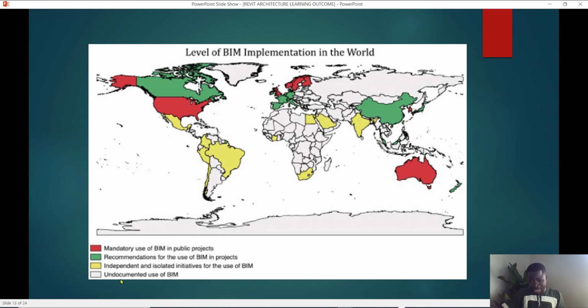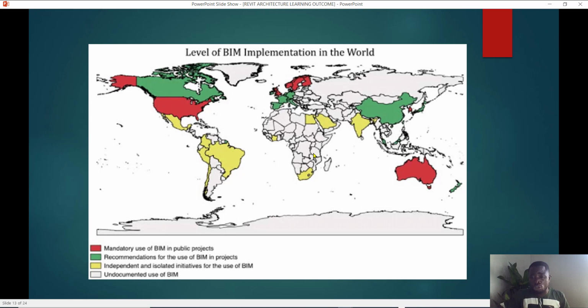Now, on the countries marked white, there is an undocumented use of BIM. What this means is that BIM is being used, but not in an exploded measure. Individuals may be using it, organizations may be using it, the professional bodies might have accepted it, but it is not mandatory on all the professionals in that area.